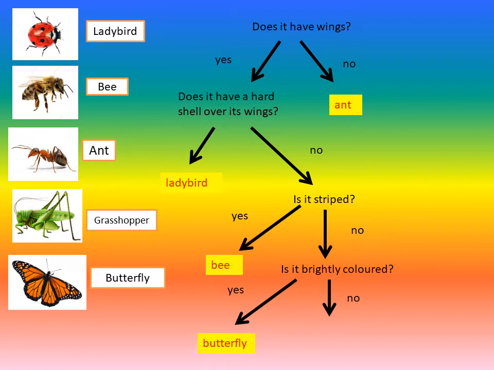And the last insect, which is not brightly colored, doesn't have stripes, doesn't have a hard shell over its wings, but has wings, is a grasshopper. So by using the identification key, or the different characteristics of these insects, you can identify each insect.